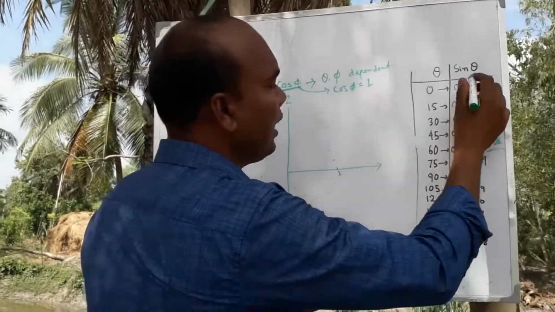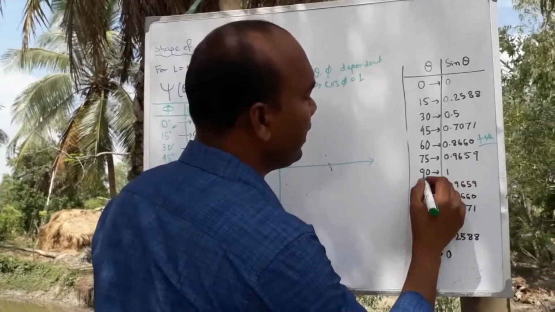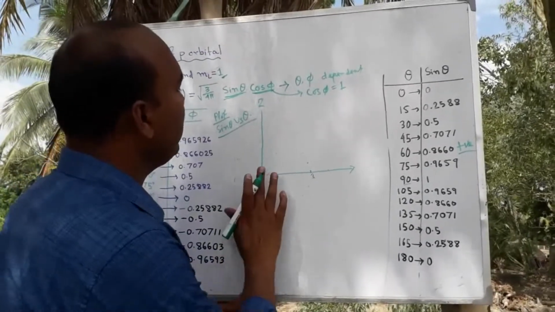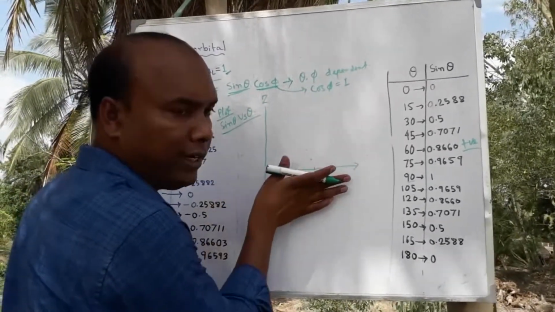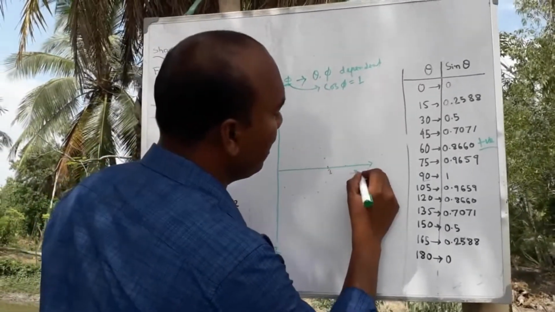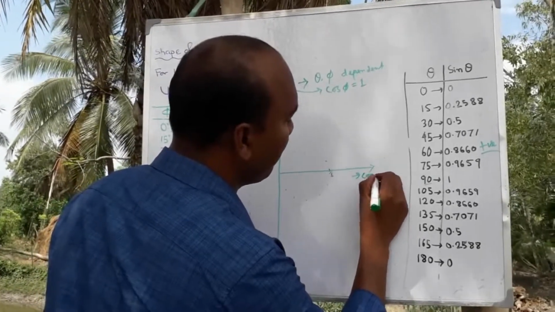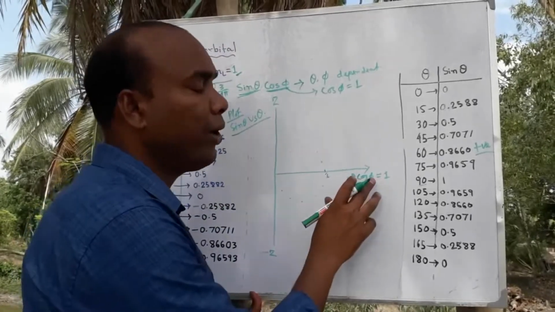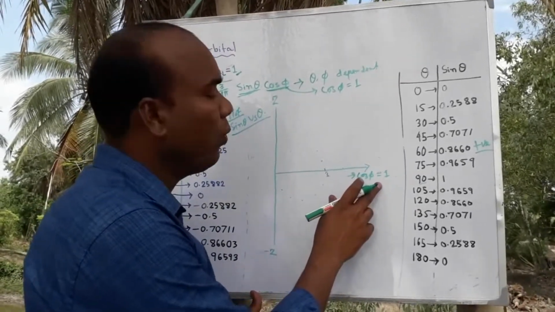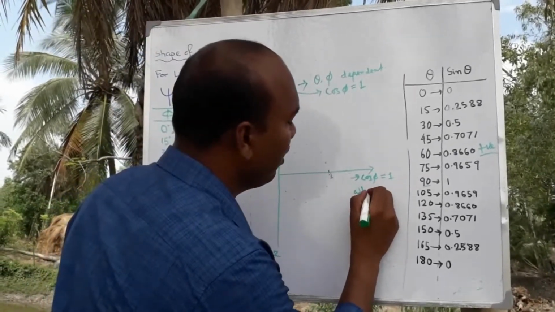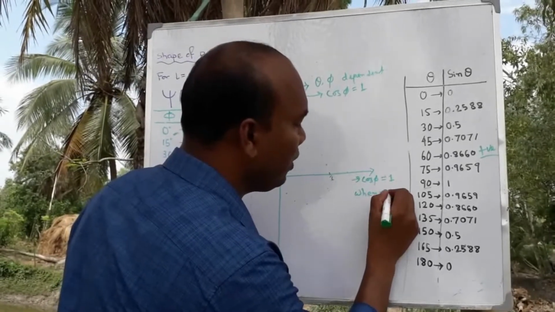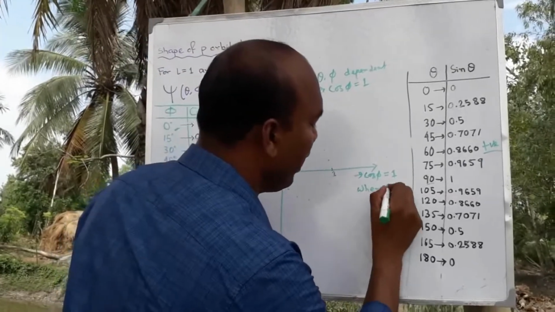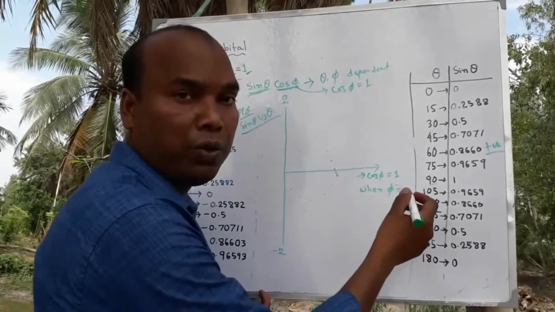And the value of sin theta is maximum when theta is 90 degree. You consider the z-axis and consider a direction where cos phi equal to 1. You know when phi equal to 0, then cos phi will be 1.